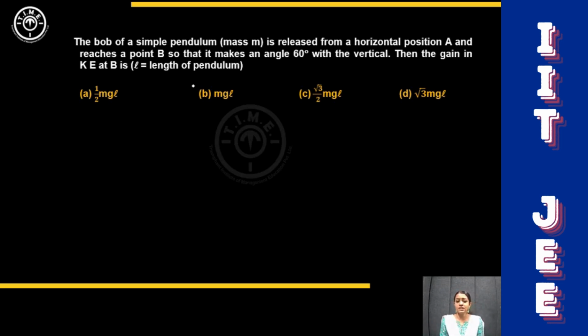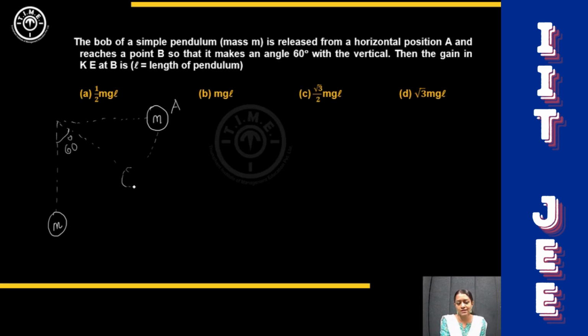See, we are considering the bob of a simple pendulum. Okay, so we are considering a simple pendulum which is having a bob of mass m. Initially it is released from a horizontal position A. So this is the initial position of the pendulum, which is denoted by A. It is a horizontal position, and now when it is released from point A, it is falling downwards, and here we are considering an intermediate position which is making an angle 60 degree with the vertical.